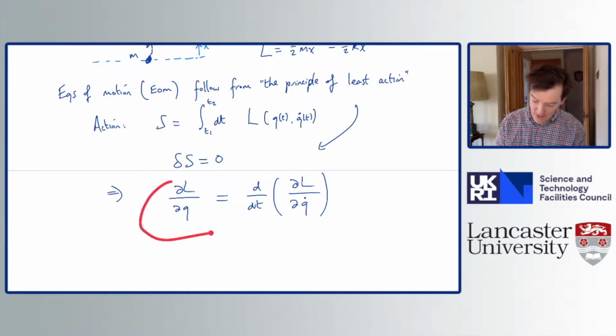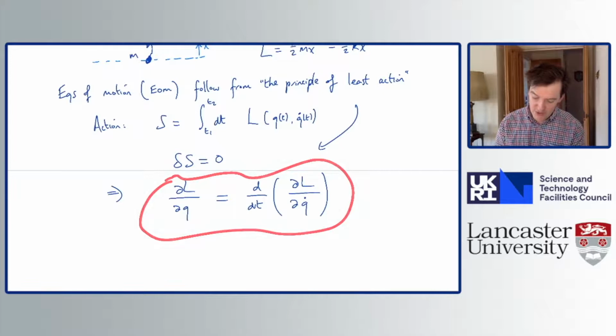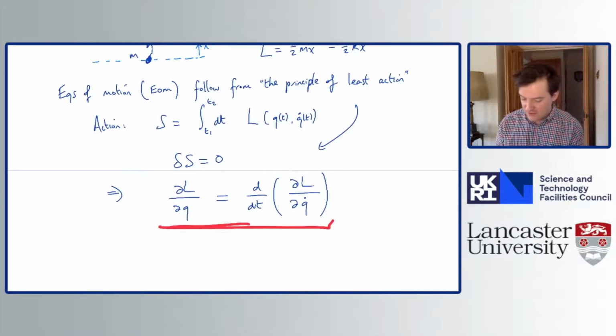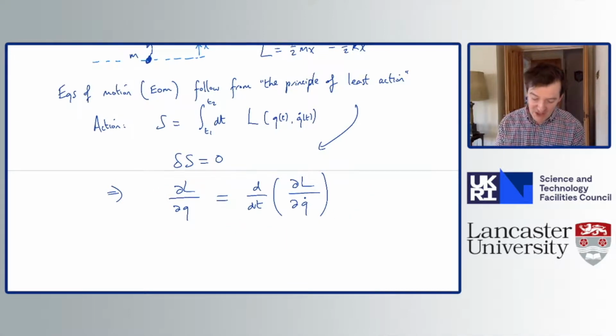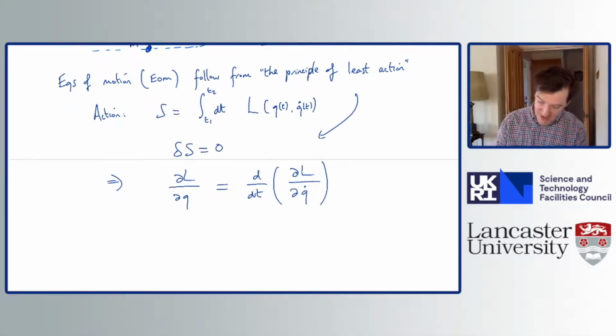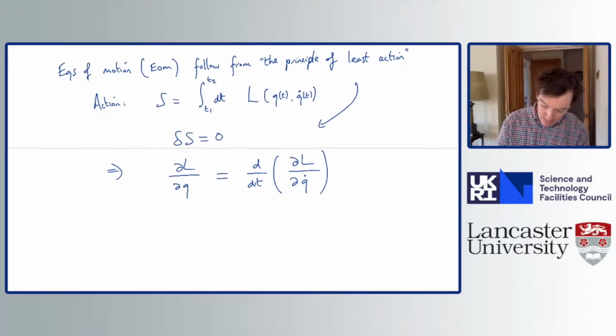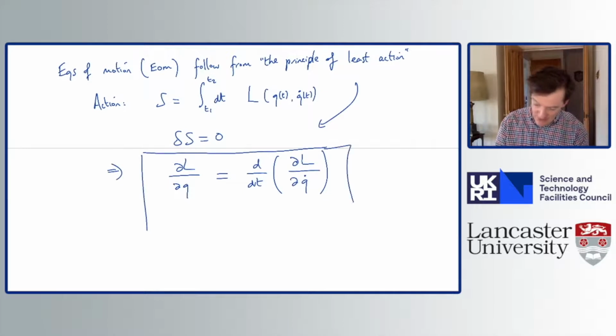If this equation holds, which involves the Lagrangian, the action is going to be minimized, or at least stationary. This equation, very important, is called the Euler-Lagrange equation.